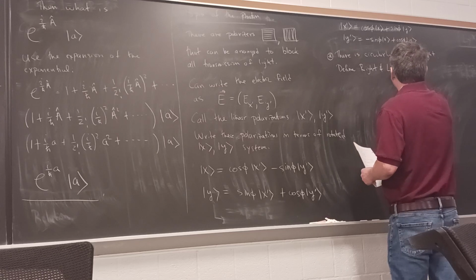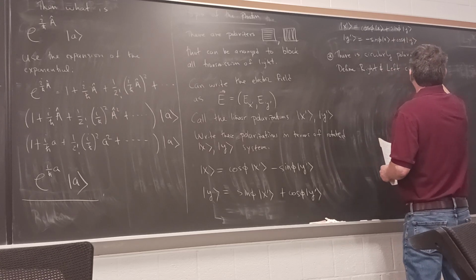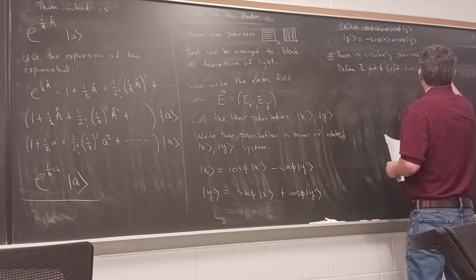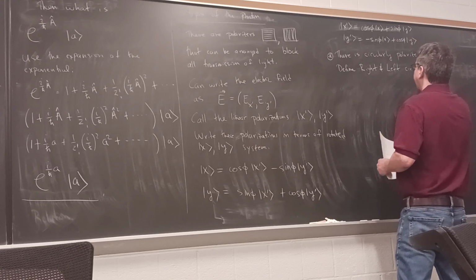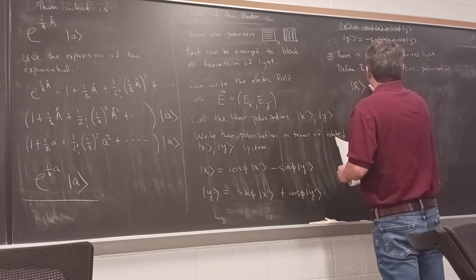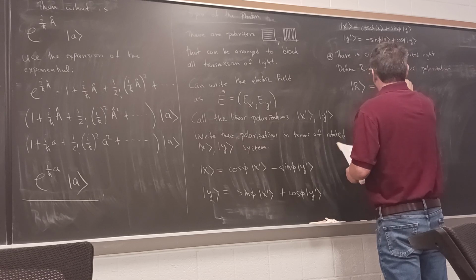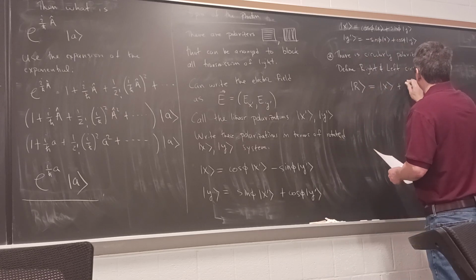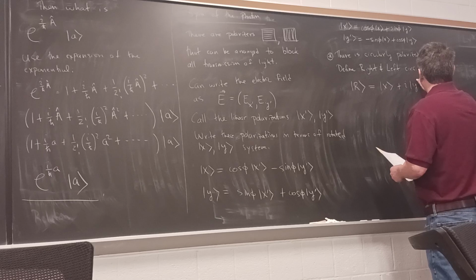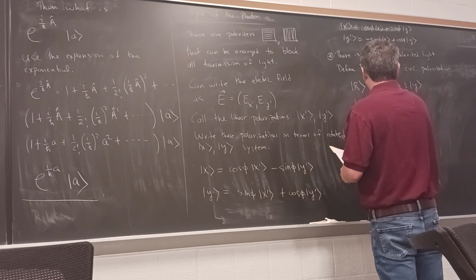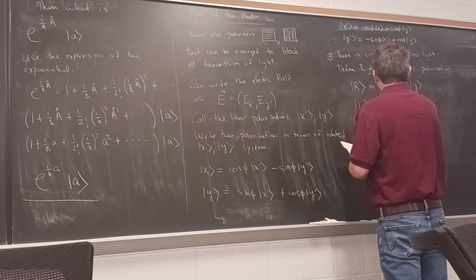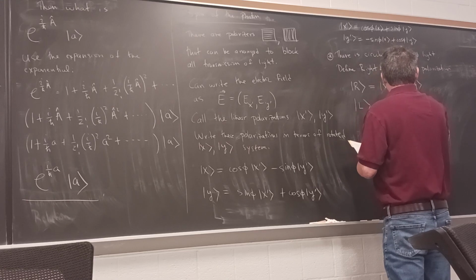Right and left circular polarization. So R will be x plus iy, and left will be x minus iy.